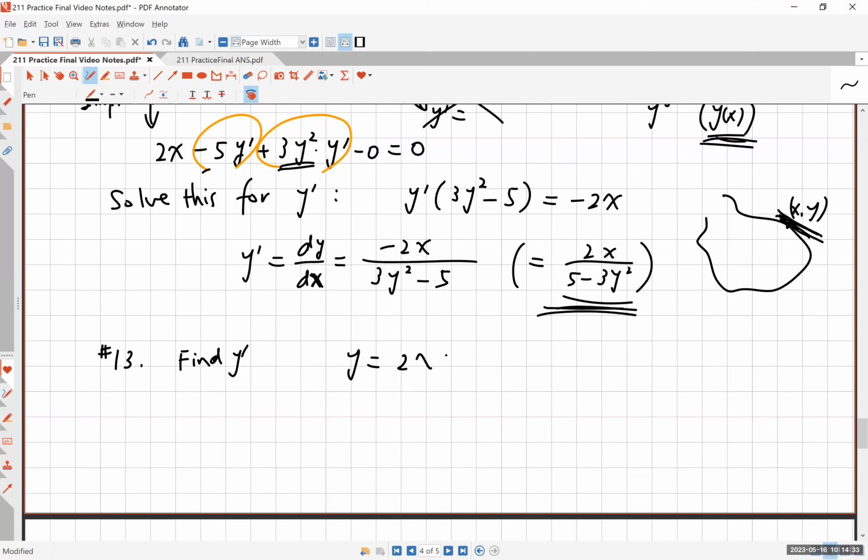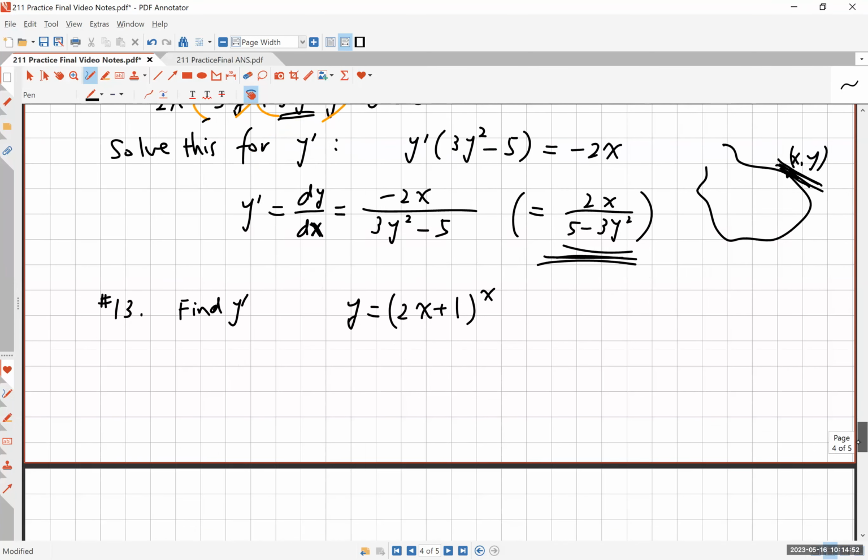Y is 2x plus 1 raised to the x power. Notice here, I have x as a part of the base and also the exponent. This is exactly where you would have to apply logarithmic differentiation, because you really, again, have no other choice, all right? There's no formula that would let you find y prime directly, right?